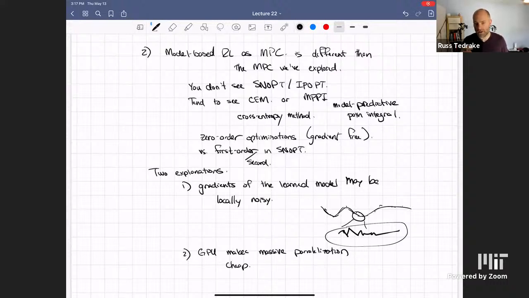And if you really want the constraints to be effectively hard constraints, and you are only able to use MPPI or some other 0th order method, then you can do it with things like augmented Lagrangian.